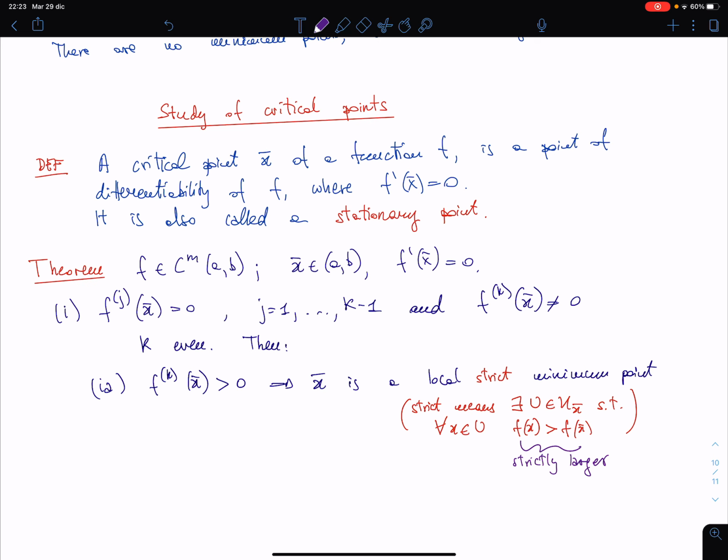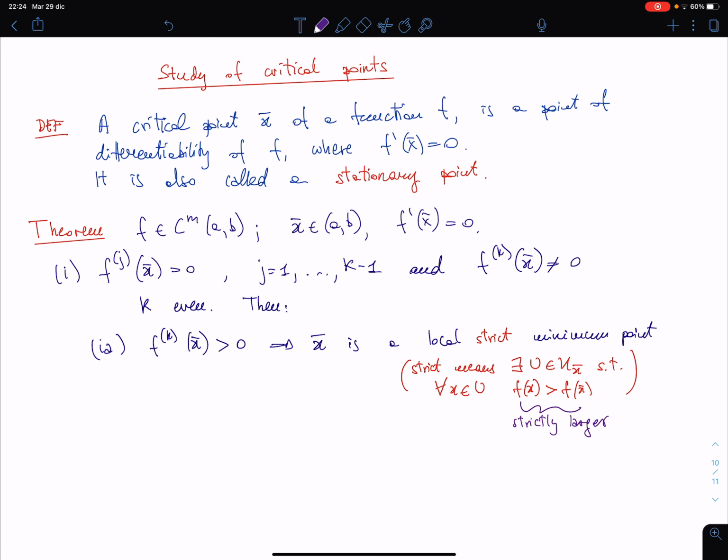This is a stronger information than the definition of minimum, because minimum just says that it is larger or equal. f of x is larger or equal than f of x bar. And now, in this case, we have that this is strictly larger.